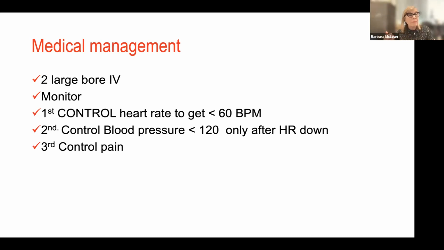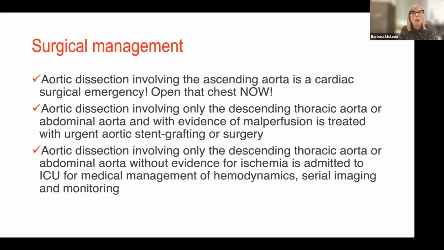And I'm going to control your pain most particularly with vasodilating drugs like fentanyl, like morphine, like Dilaudid. They're all vasodilating agents. So again, you got to get that heart rate down before you do anything else. Don't control the pain until you get the heart rate down. You got to get that heart rate down first, because that's going to promote a shear force injury.